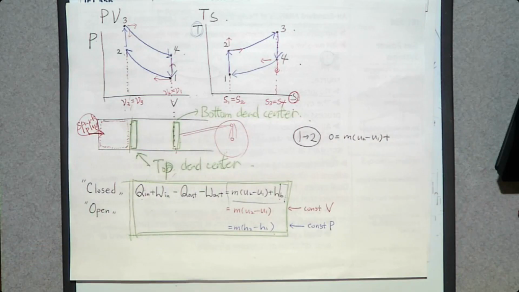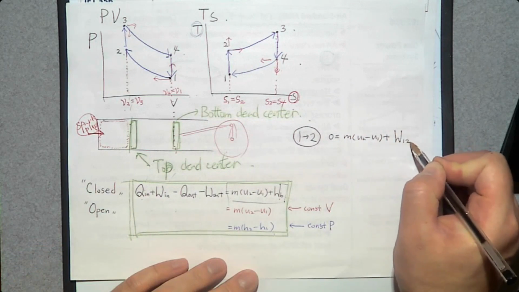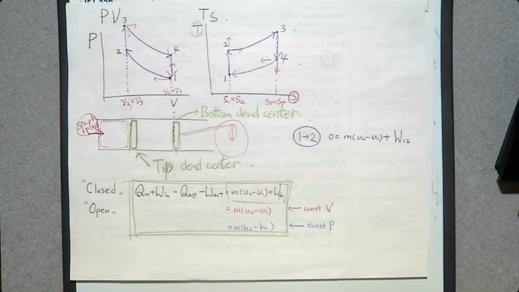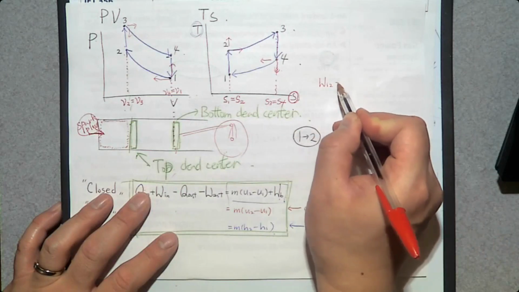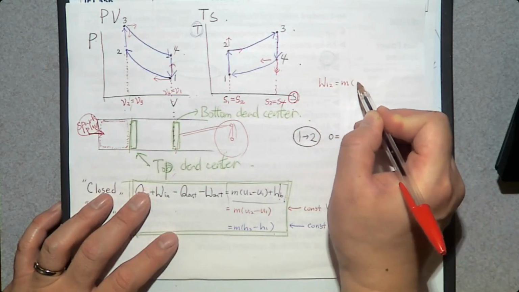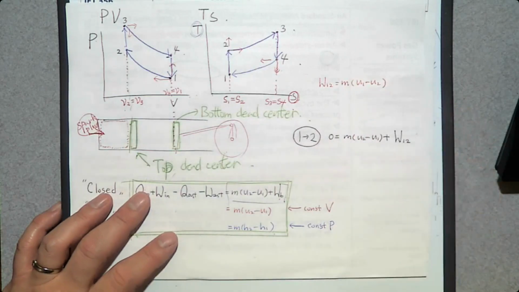There could be other moving boundary work in the cycle. So let's say this W_B is going to be between 1 and 2, W1,2. So this is the energy balance equation. Let me rewrite it. W12 is mass times U1 minus U2. Okay?